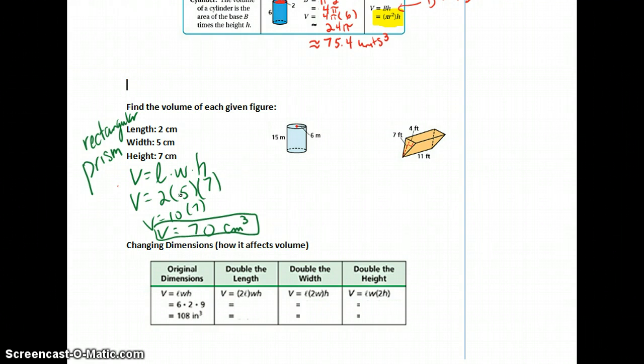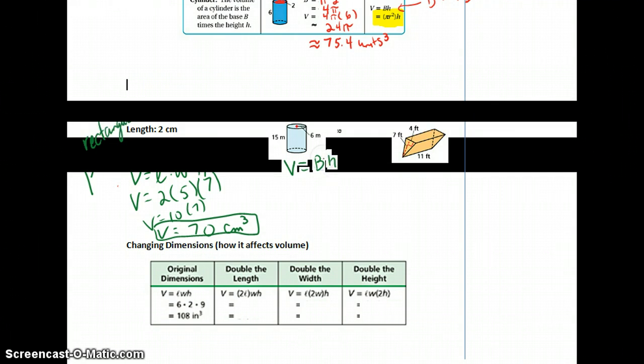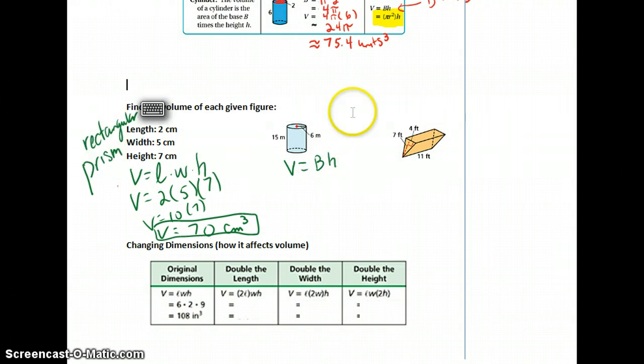Our next example, if we remember our formula from earlier, was volume is the area of the base times the height. The way that we find the area of the base is our pi r squared.